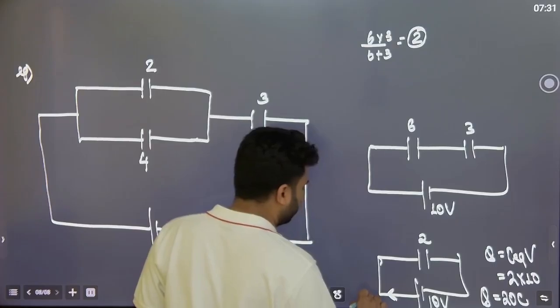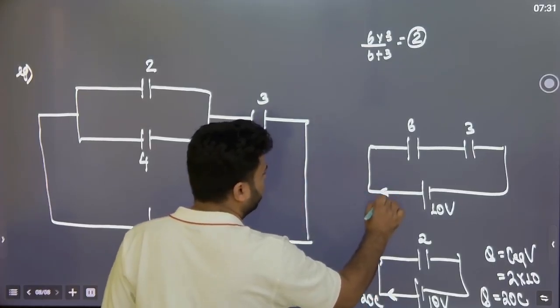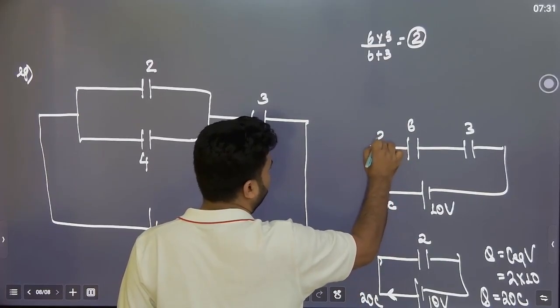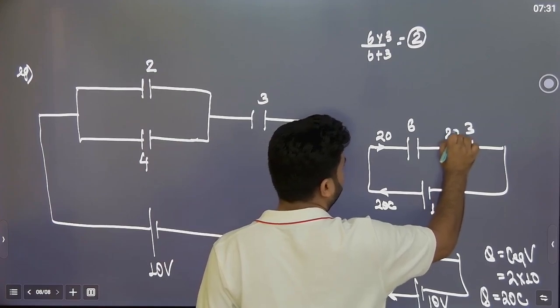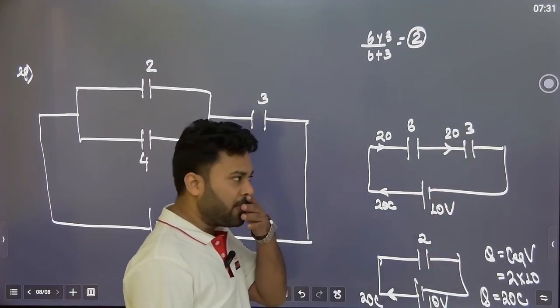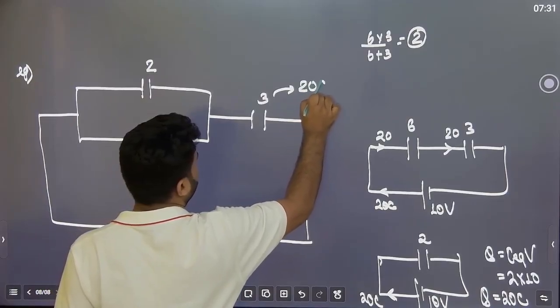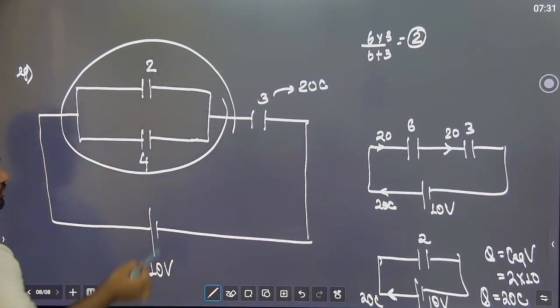So 20 coulomb charge is flowing. Because they are in series, here also 20 coulomb will flow and here also 20 coulomb will flow. Means how much charge is flowing in this? So answer will be 20 coulomb. How much charge is flowing across this? 20 coulomb.